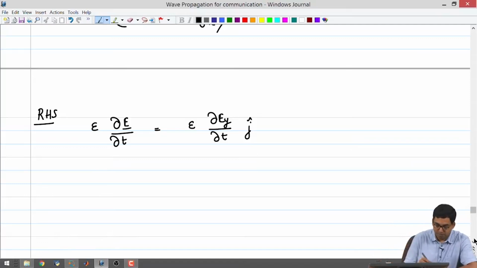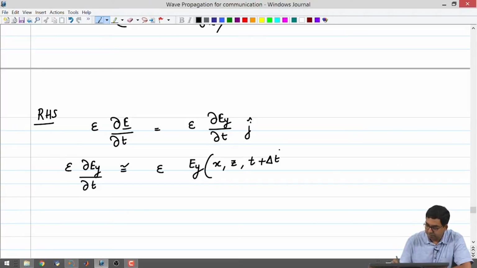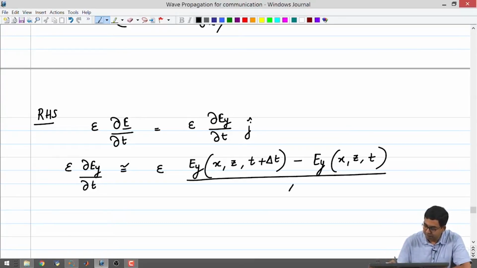We write epsilon dou Ey by dou t as epsilon times Ey of x, z, t plus delta t minus Ey of x, z, t, divided by delta t.